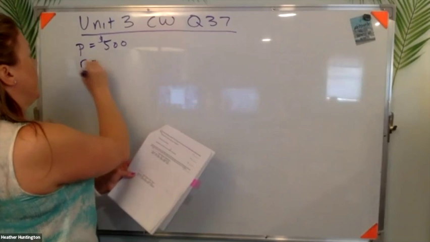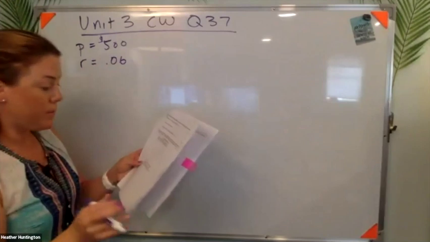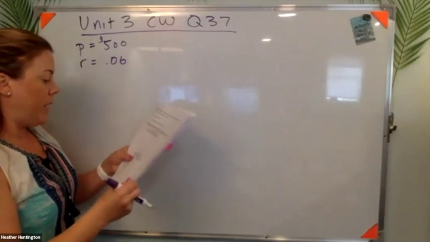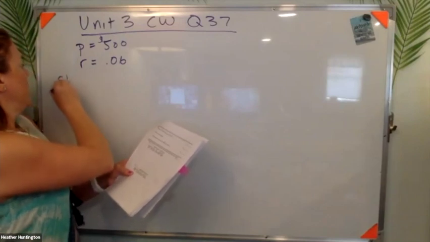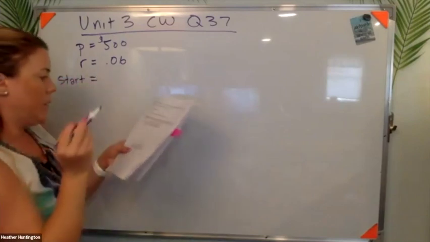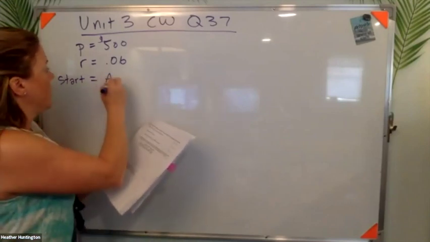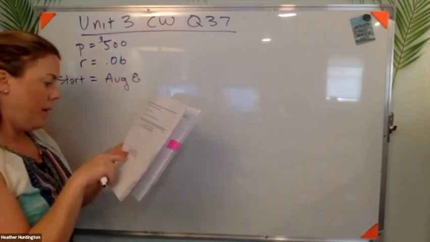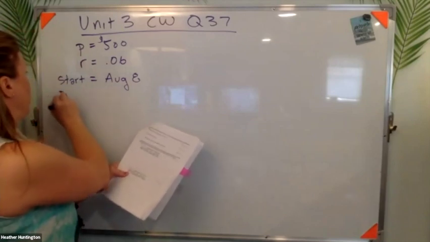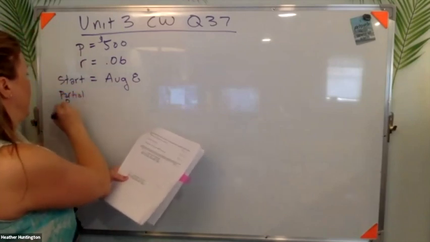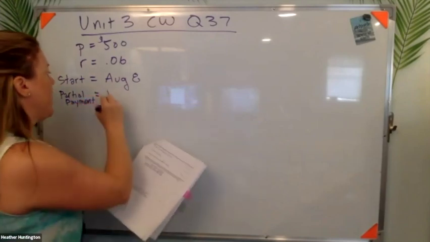Our rate is 6%. I'm going to write it as a decimal. The effective date, so it starts on August 8th. Okay, so there's a partial payment on December 2nd.